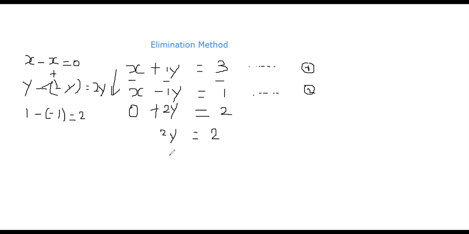We take over the 2, and the 2 is multiplying. When we take it across, it will divide. So 2 divided by 2 is 1. So y is equal to 1.